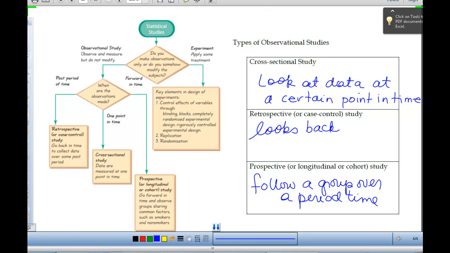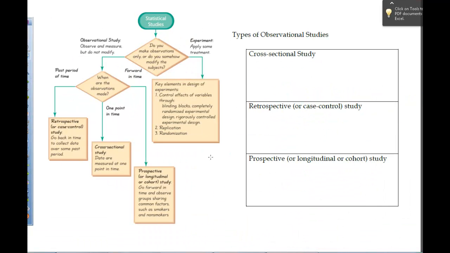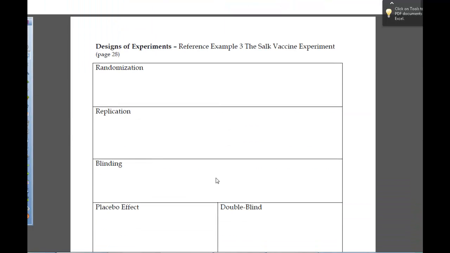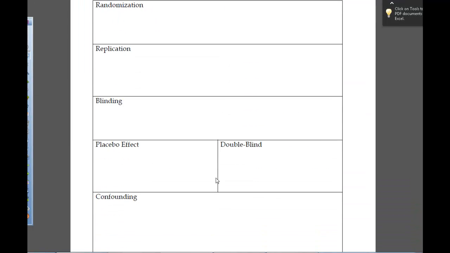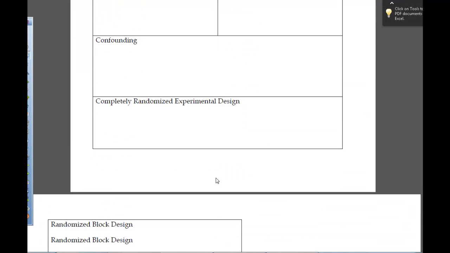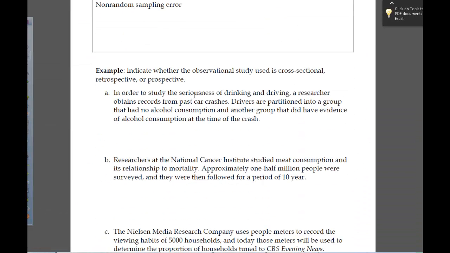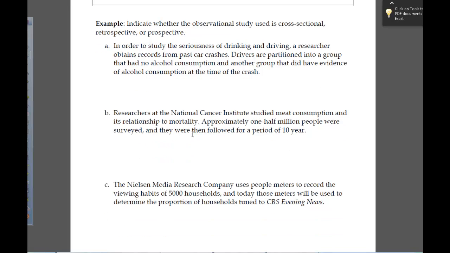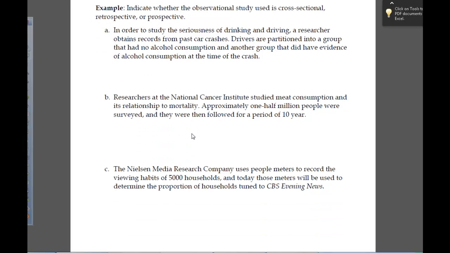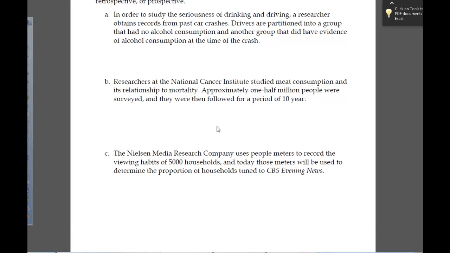Okay, so we probably have some examples. Let's see if we can answer these. Or did I not have examples? Okay, on the very last page. Okay, all right, let's go ahead and talk about these. Okay, indicate whether the observational study is cross-sectional, retrospective, or prospective.